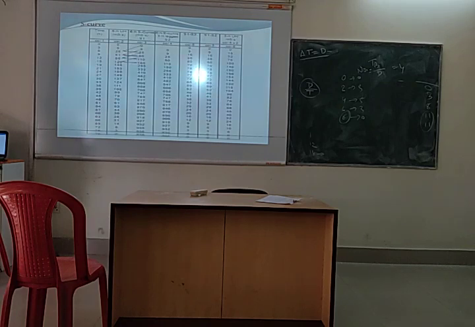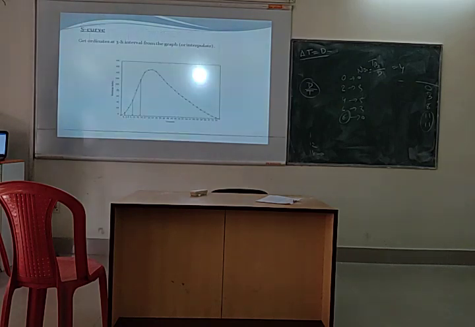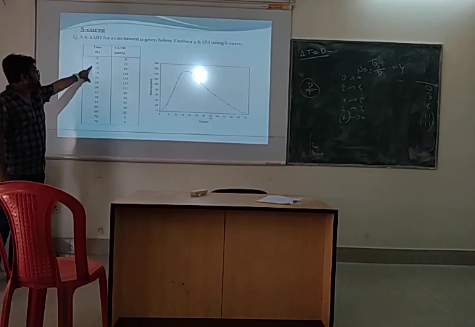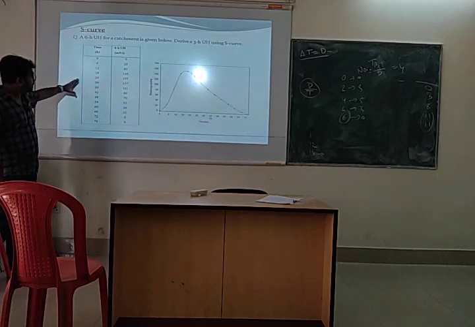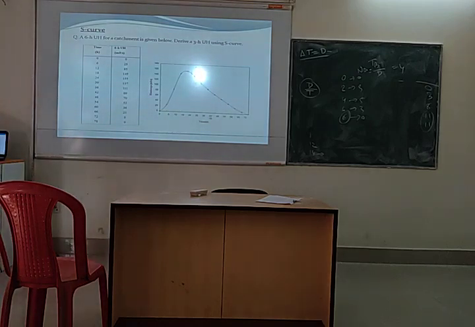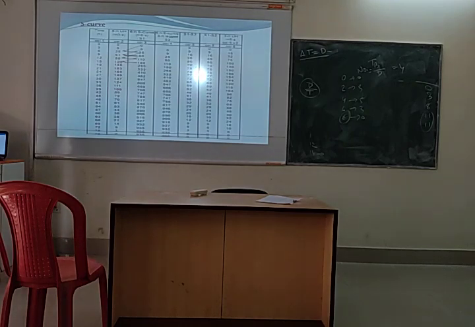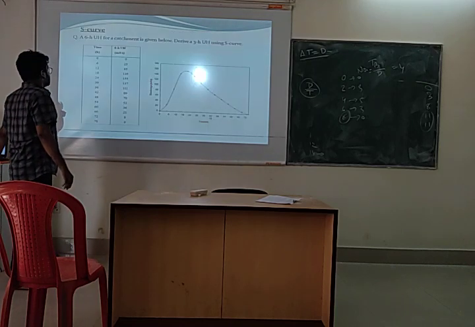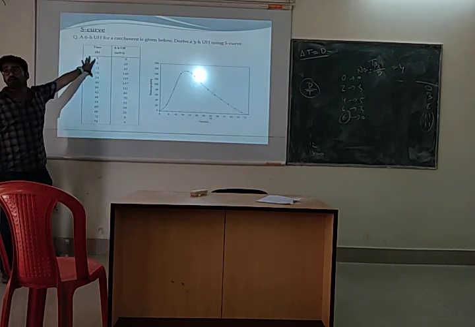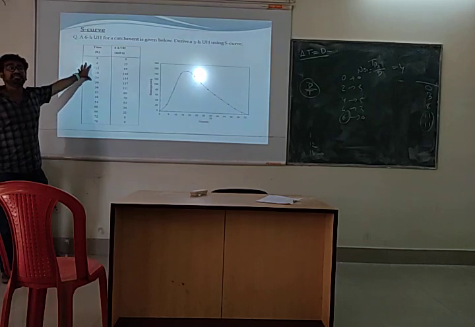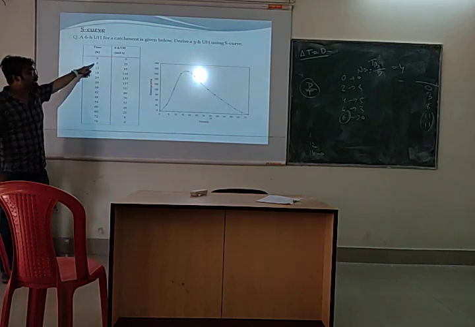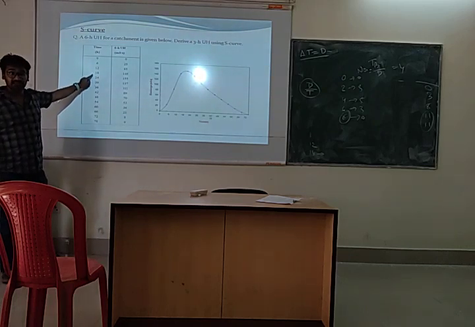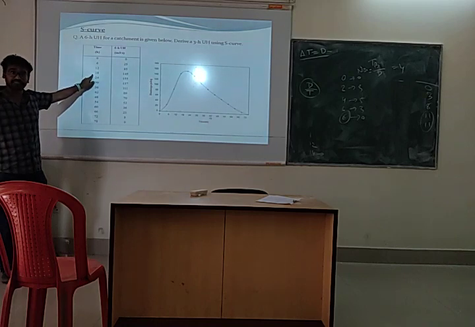But the tricky part here is that you can see it is given as 6, 12, 18, 24, 30, 36. These intervals are given in D. So this is D, this is 2D, this is 3D, where D is equal to 6.